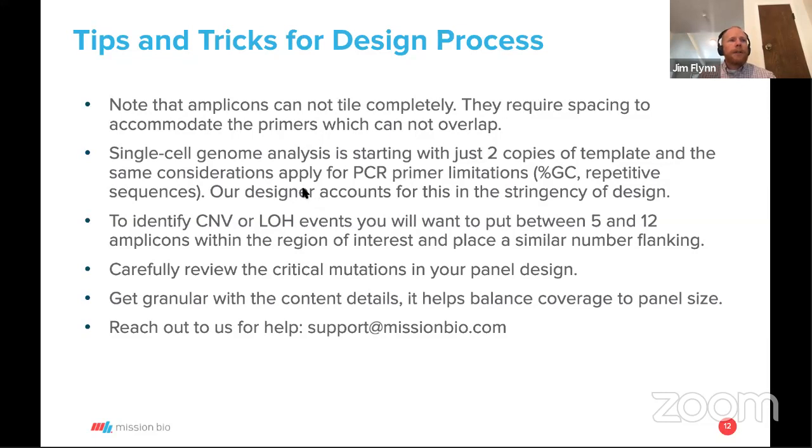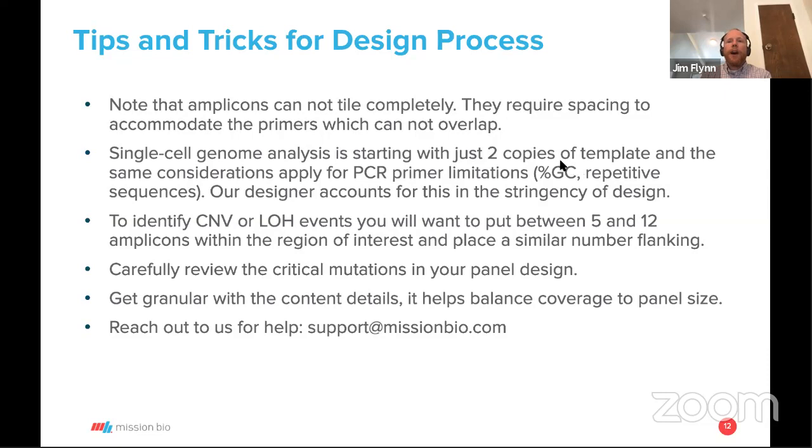It's also important to note that with single cell DNA sequencing, we're starting with just 2 copies of template, right? There's 2 copies of each site in the genome. And so some considerations apply to PCR primer limitations, such as %GC, repetitive sequence. And so our designer accounts for this in the stringency of design. So if you're putting in a gene and it happens to have very high GC content, you'll say, why am I getting such low coverage?